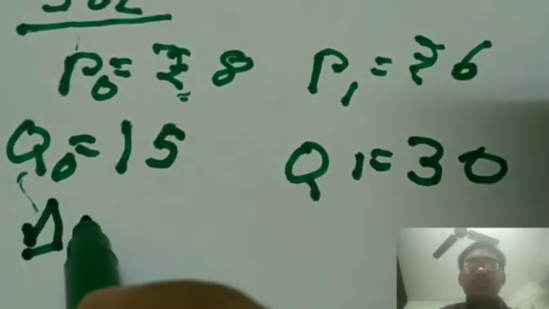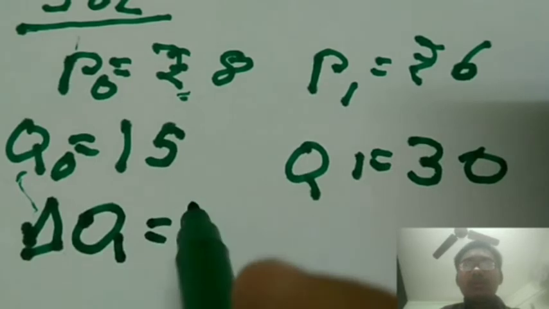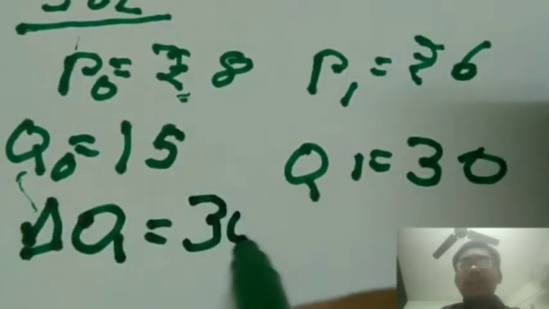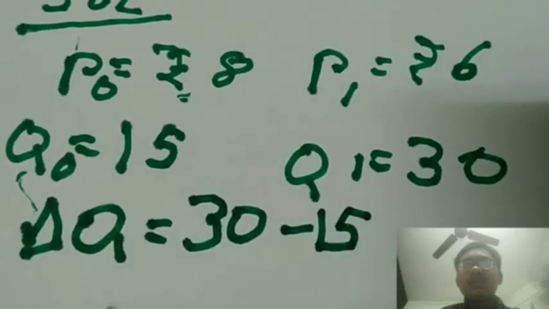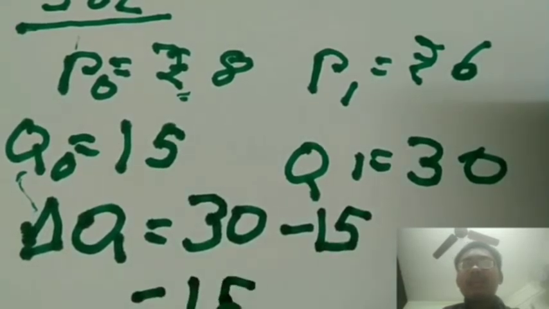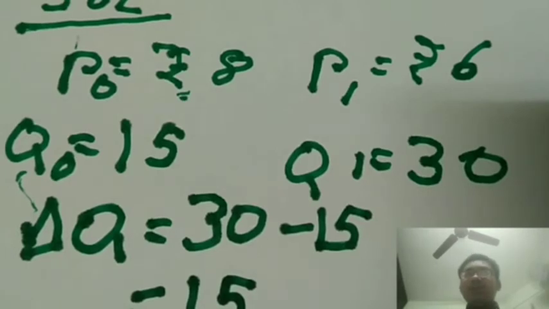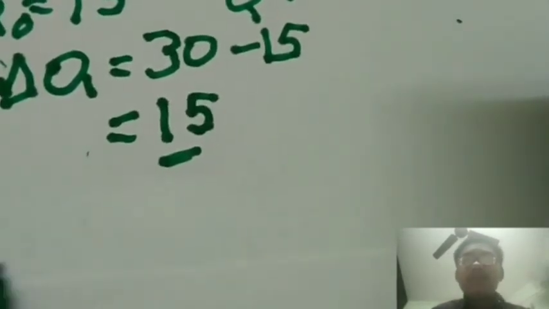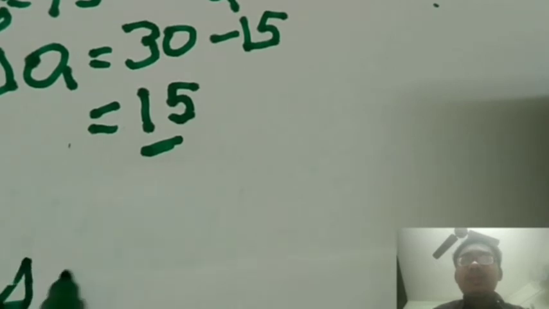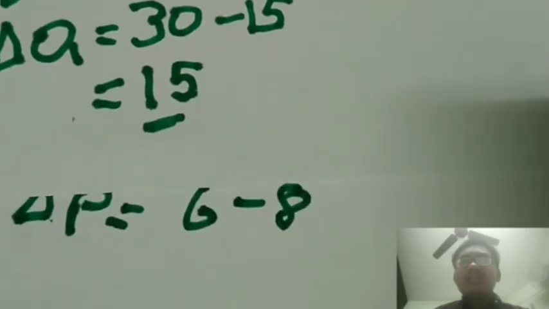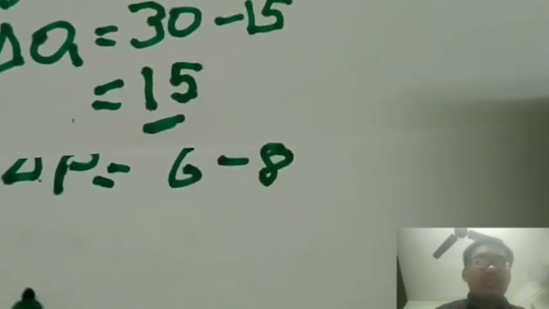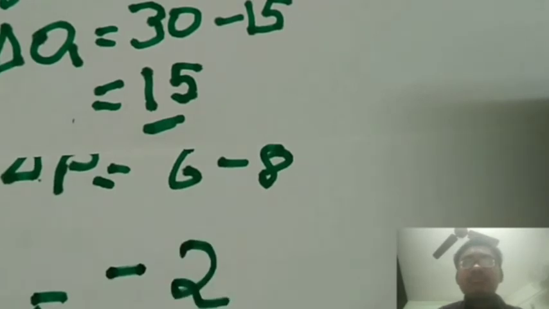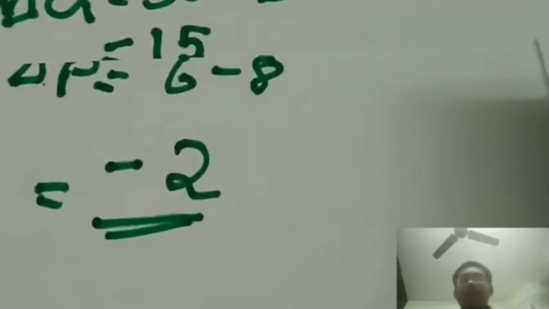Delta Q is equal to 30 minus 15, which is 15 units. Delta P is equal to 6 minus 8, which is minus 2.